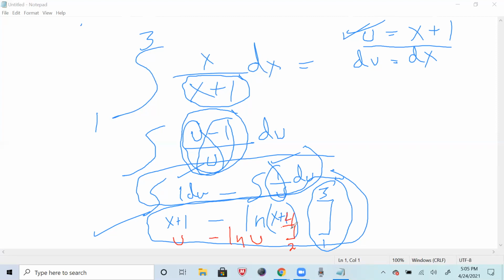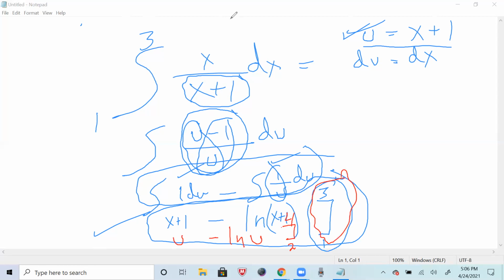And I have yet to find a problem that actually requires you to change the limits of integration. Every problem I've come across, you could always substitute and turn it back into a function of x before you did the evaluation. The evaluation is this part here, where you evaluated the lower and upper limits of integration.